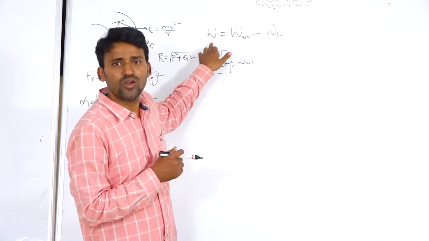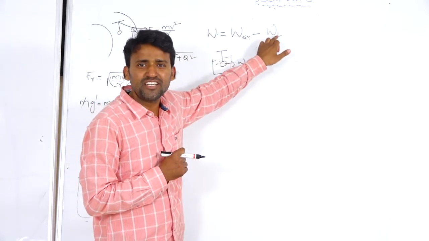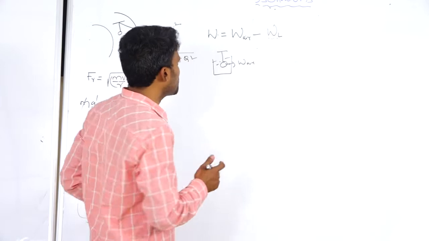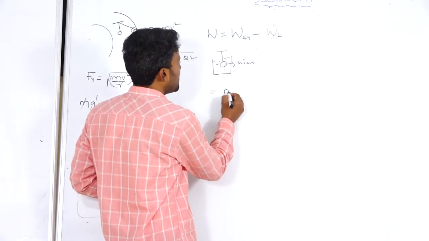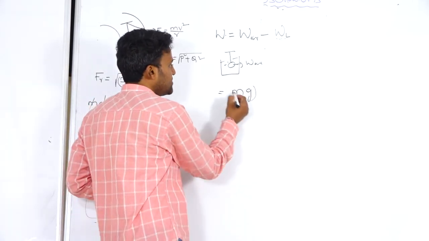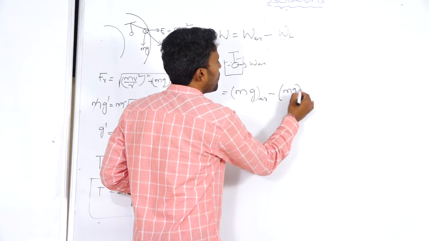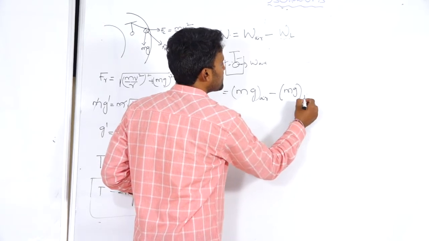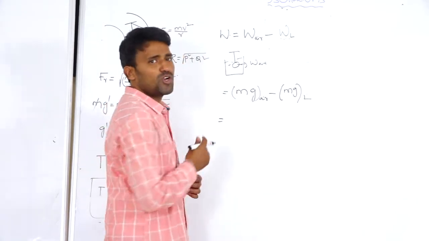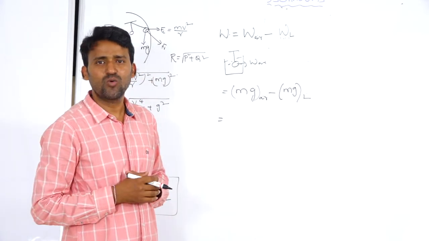Loss of weight is equal to weight of the object in air minus weight of the object in liquid. So weight is very clearly mg. This is in air, minus this in water or liquid. Mass is equal to what can you write?